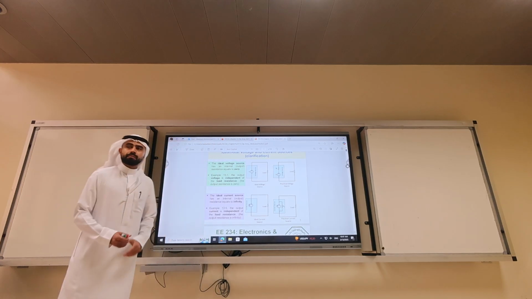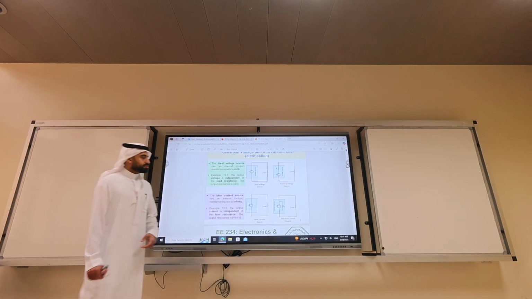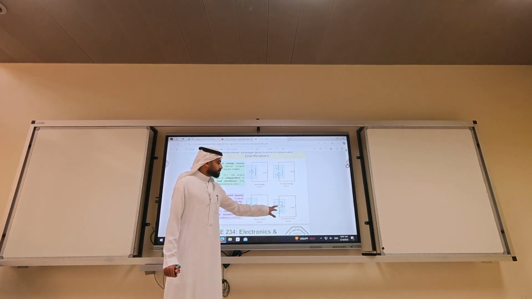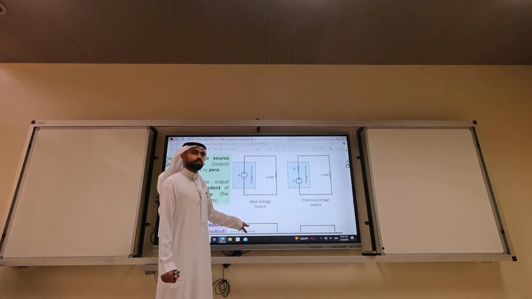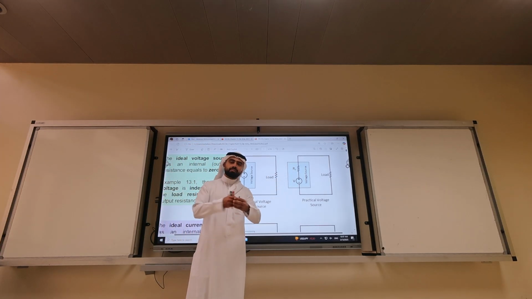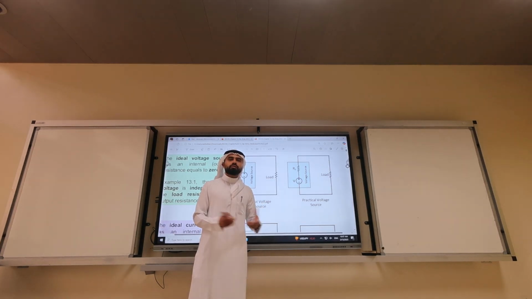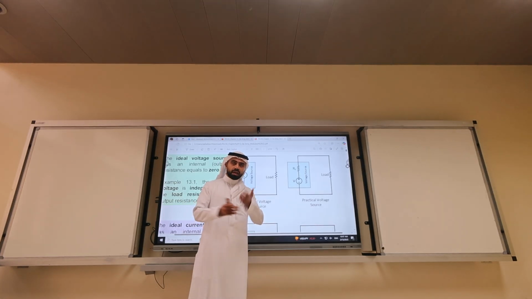What's the point of having small resistance inside the voltage source? It's a feature inside the source. For non-ideal situations, there are cables connected.